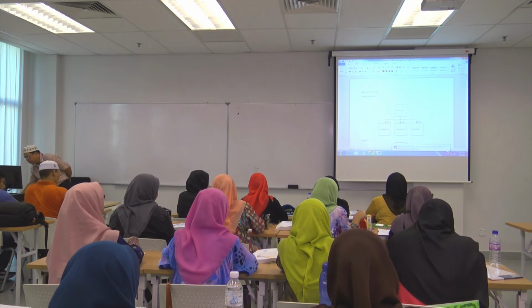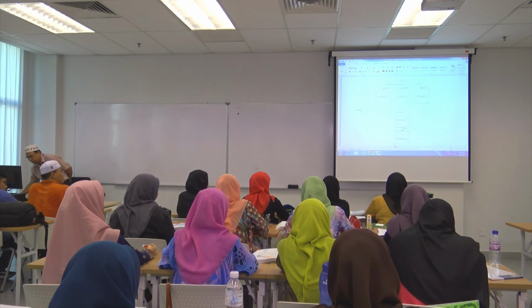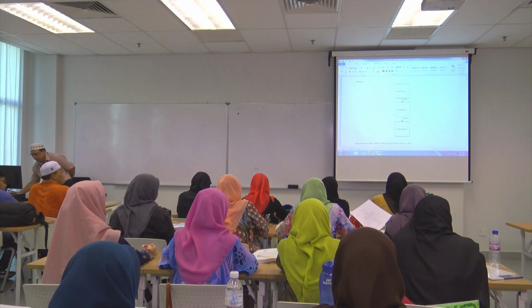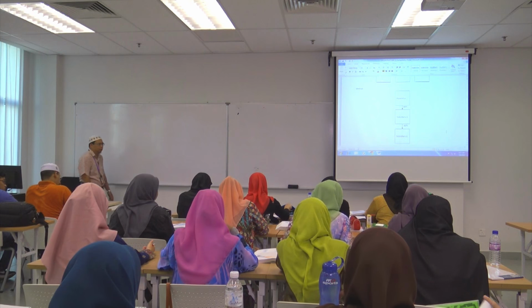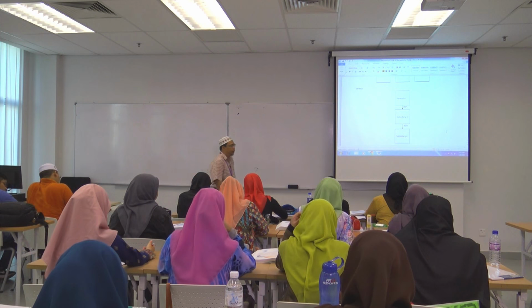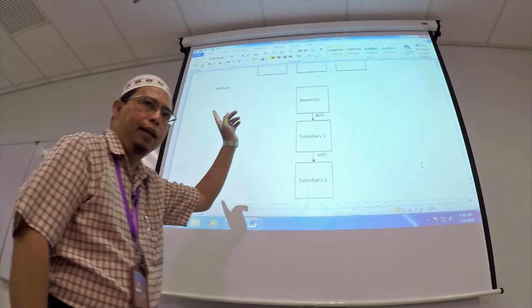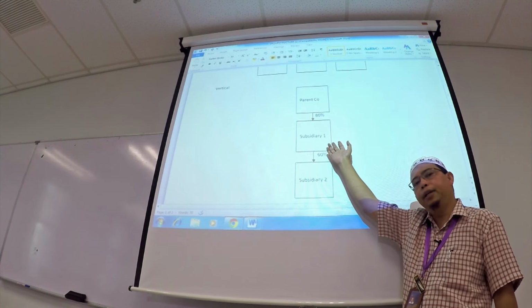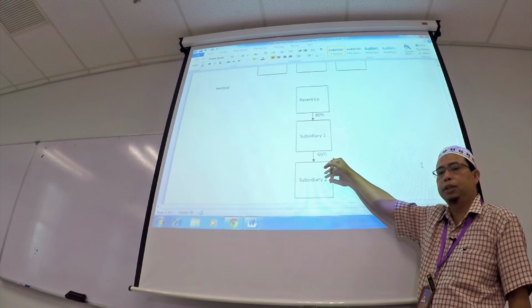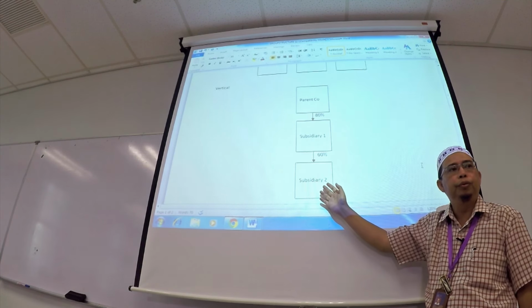But we may also have this type of company, a vertical group structure, where the parent is up there. The parent controls 80% of subsidiary 1, and subsidiary 1 controls 60% of subsidiary 2.